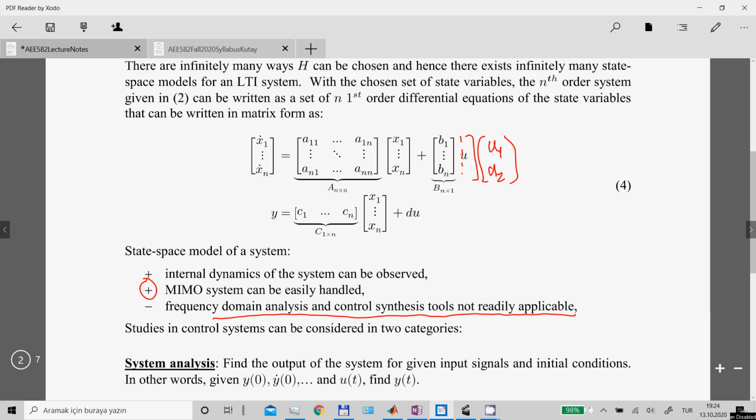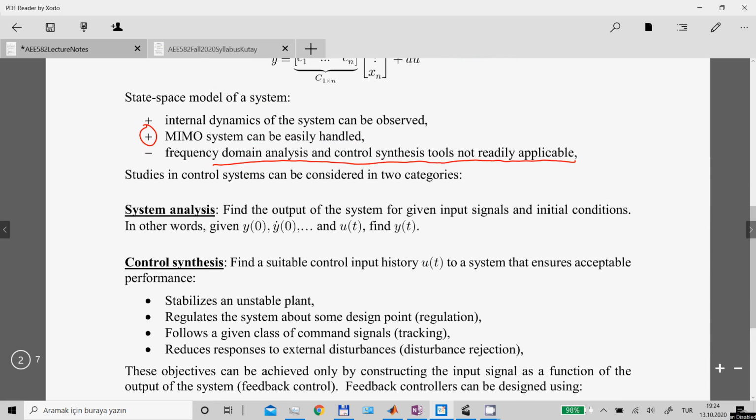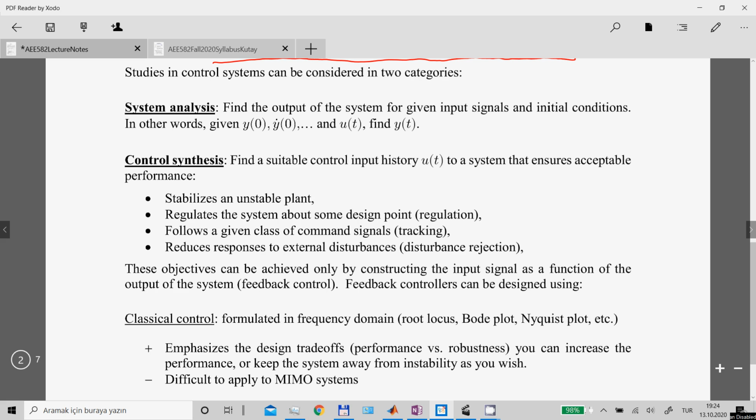The second type of things that we do as a controls engineer is called control synthesis. And in the second part, we want our system to behave in a certain way. And our goal is to find a suitable control input signal to our system that will make the system work in that way we want it to behave.